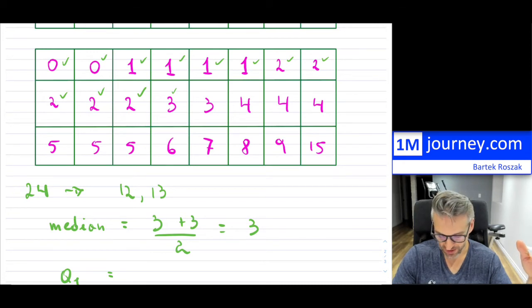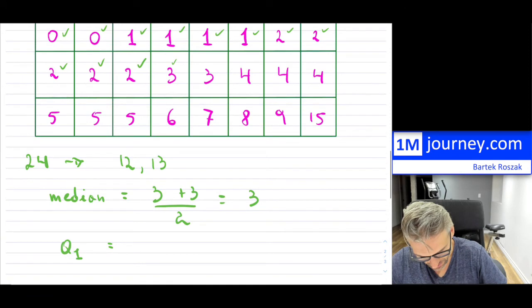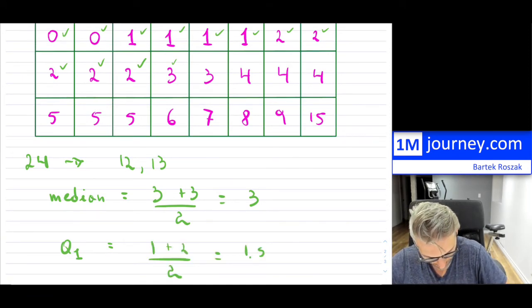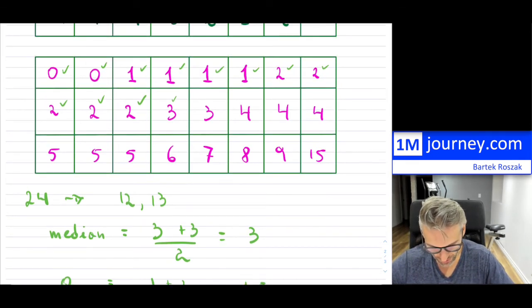I'm going to take the 6th and then the 7th of those 12 points. So the 6th and 7th are 1 and 2. That is 1 plus 2 divided by 2, so 1.5. So at 1.5, I have 6 points on that side and 6 points on the other side.